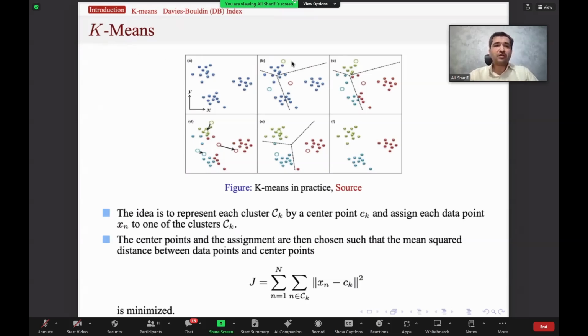And we start by putting 3 random centers on the plane and assign each sample to the closest center. So these samples are assigned to this green center. These samples are assigned to this blue center, and these samples are assigned to this red center.